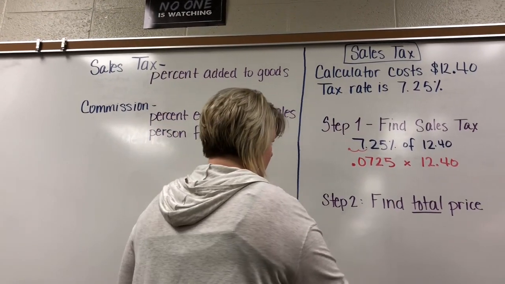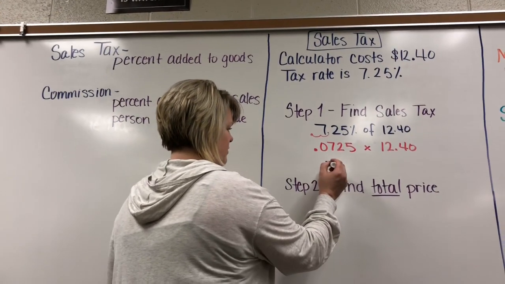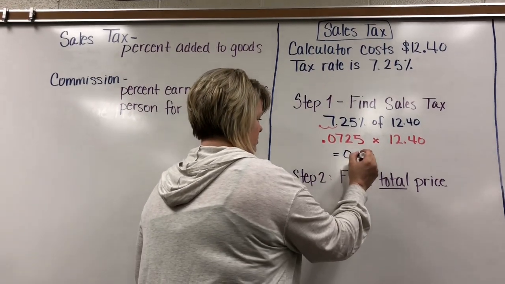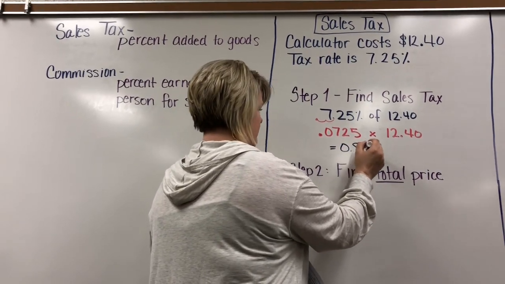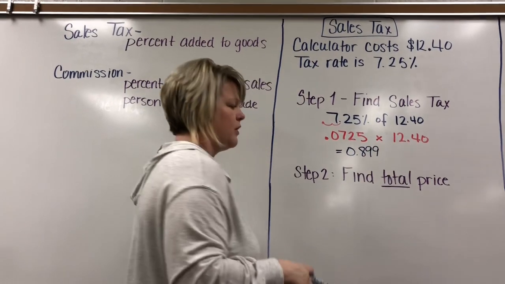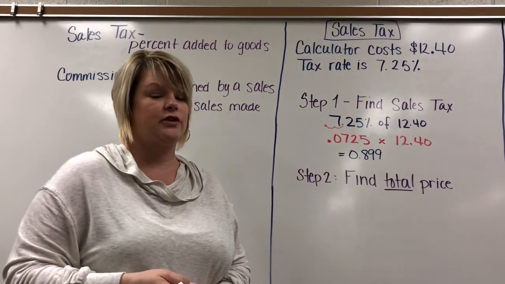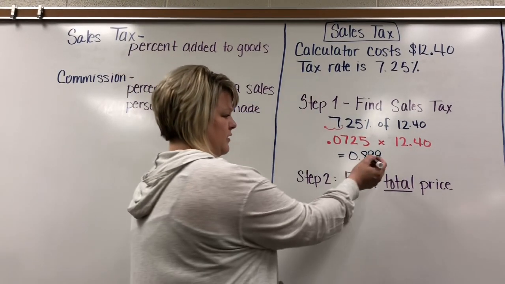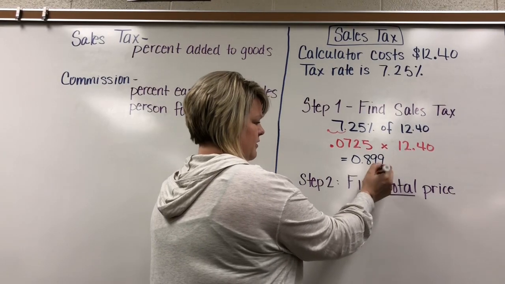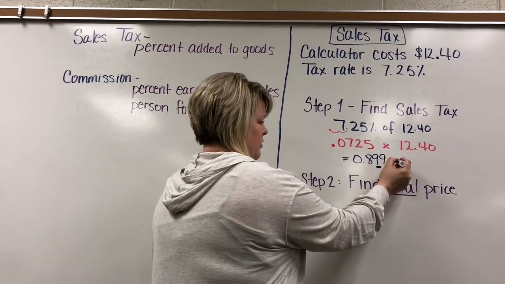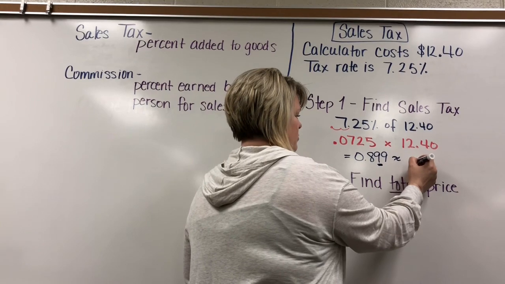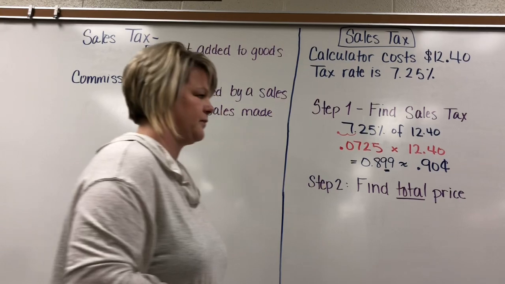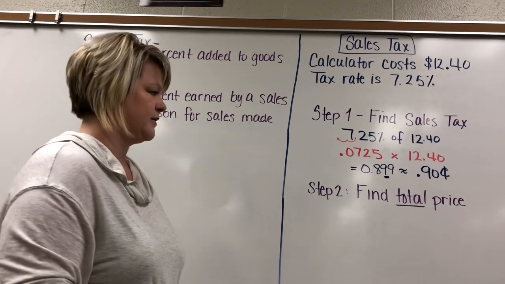When you multiply that, it's going to give you 0.899. Well, here's the thing. When you go to the register, it doesn't say, hey, you owe me 0.899 and change. We have to take it to the nearest cent. So that means we're going to say it is 0.90. So it's 90 cents tax.